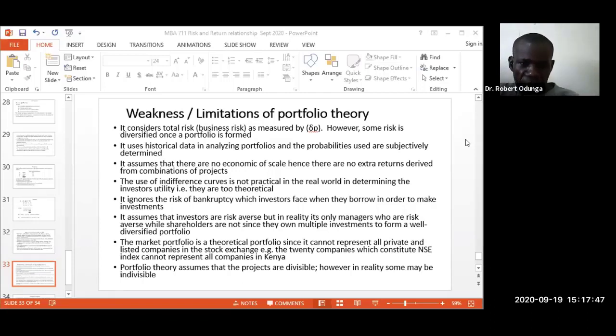The use of indifference curves is not practical in the real world, in determining the investor's utility. They are too theoretical, right? Utilities, different people have different levels of utility. And how do you come up with the optimal utility?